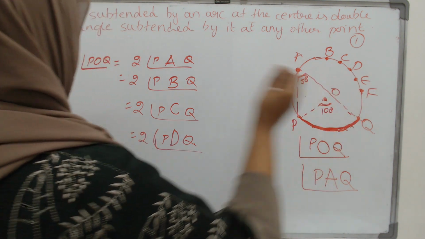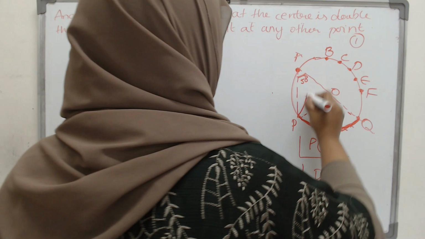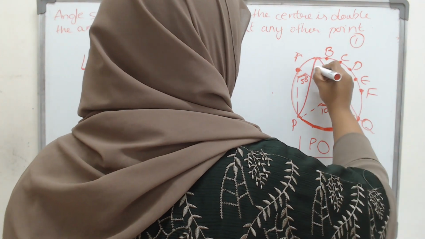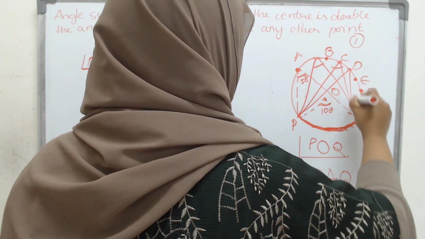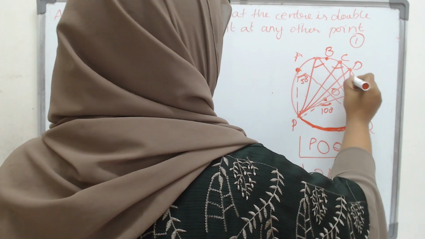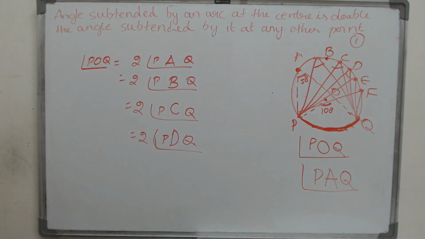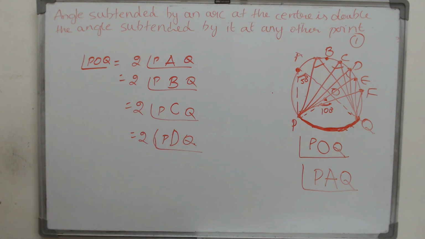The angle at the center will be the greatest. All the others will be half. And this is how they all look like. There a 50, again a 50, again a 50 here. You can get as many angles as you want. All of them will be 50, all of them will be half the angle at the center.